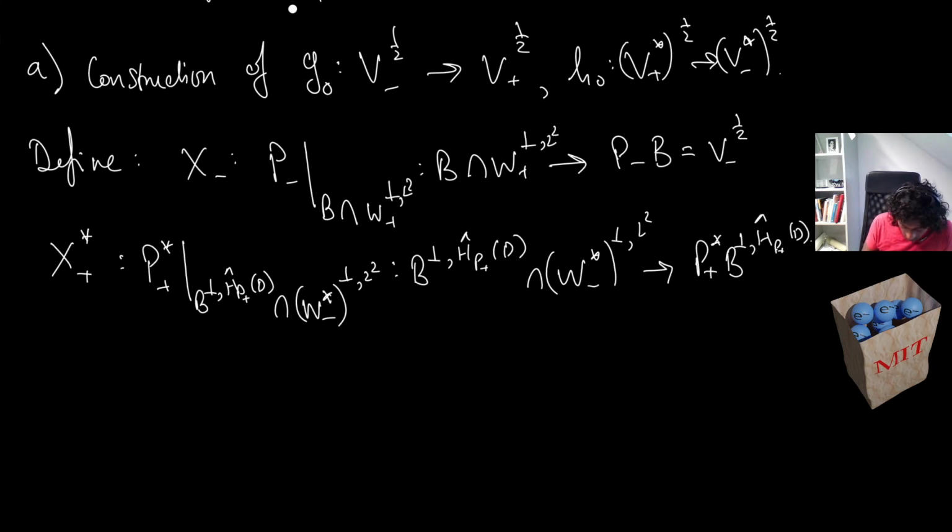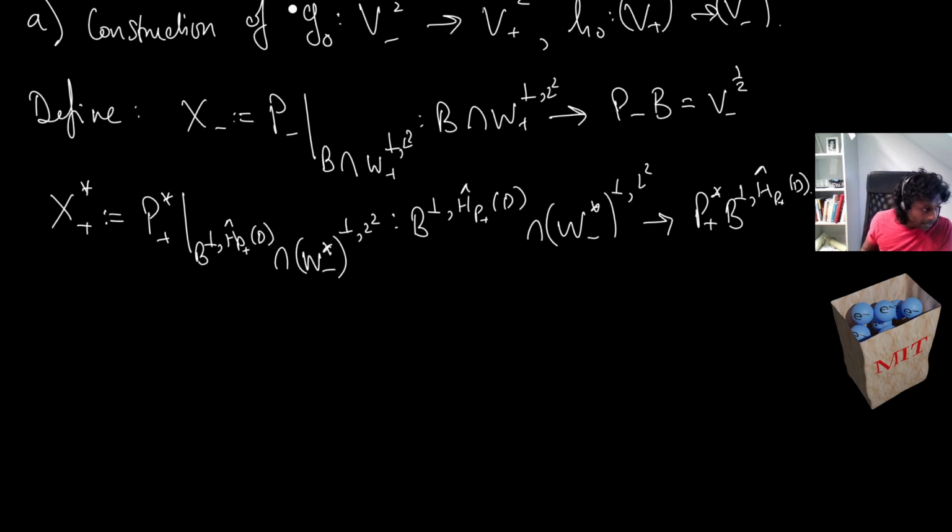Okay, so we're going to define such maps. So that is the map. It's just the map P minus acting on B intersect W plus perp L2, right? So that is the map X minus. So I should really say X minus is defined to be equal to that, right? So those are the two maps that we define.